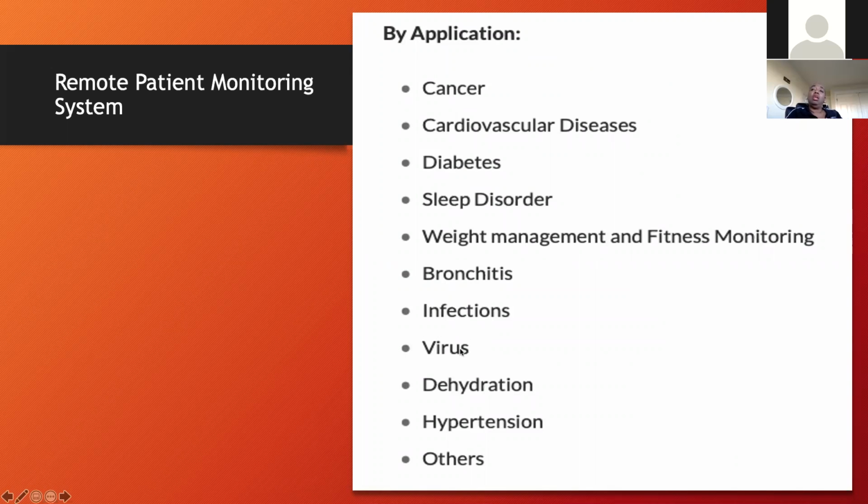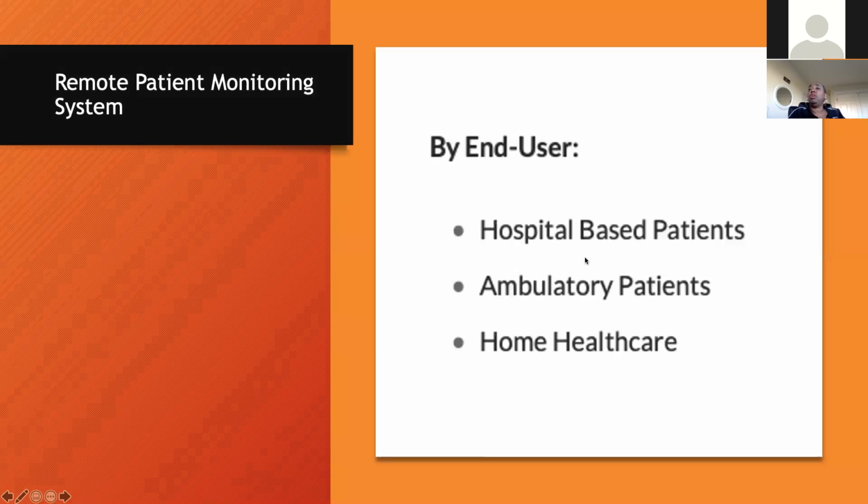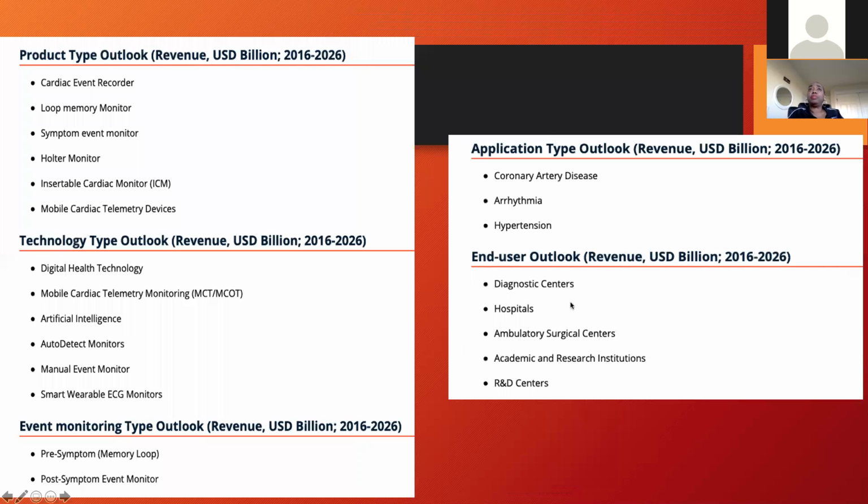Considering what we know about the SARS virus, the coronavirus, could you develop some monitoring system that could monitor viruses? I don't know, but there's potential. And then the users would be hospitals, the ambulatory clinics, or even home care. Home care, another potential growth area.